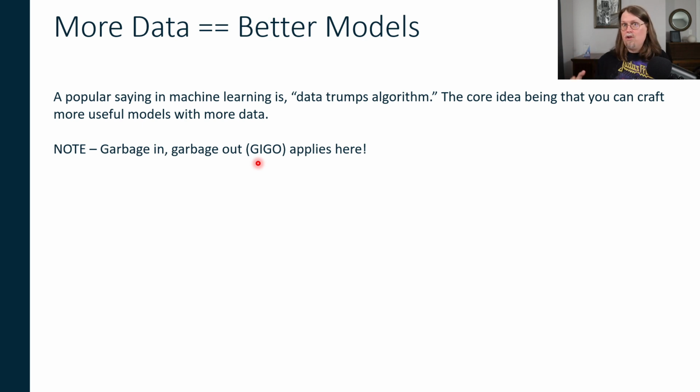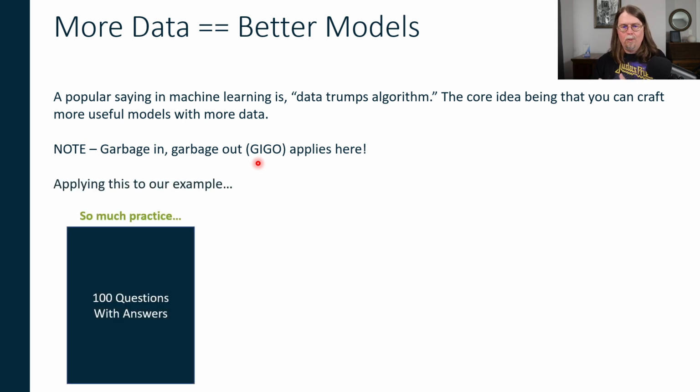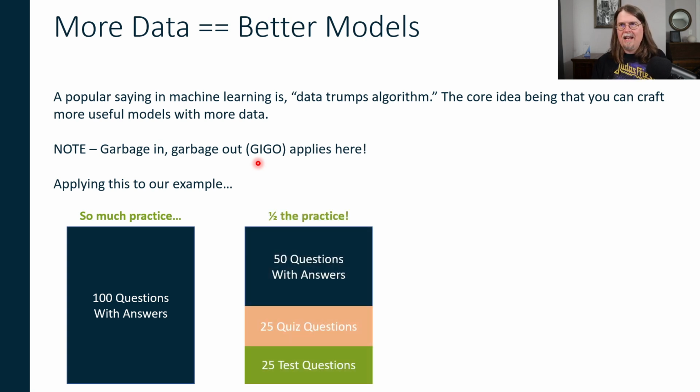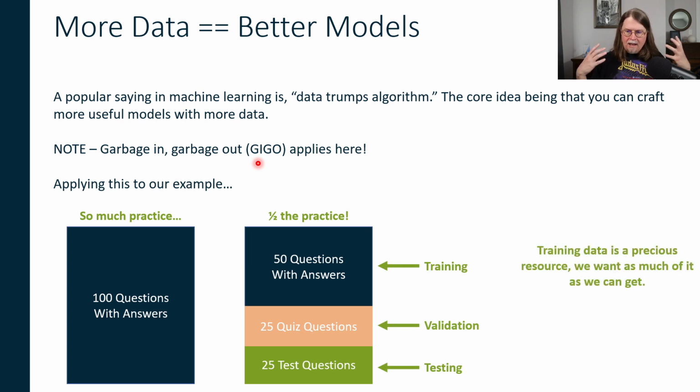But assuming that your data has been profiled and is of good quality for machine learning, more of it is better than less. So if we apply this to our example, we want as much practice, or as much data, as we can get for our models. And we've already seen that we get half the practice here, right? And this is not good. We need as much of this precious data resource as we can, because data trumps algorithm.